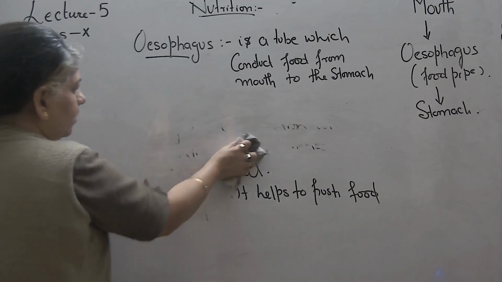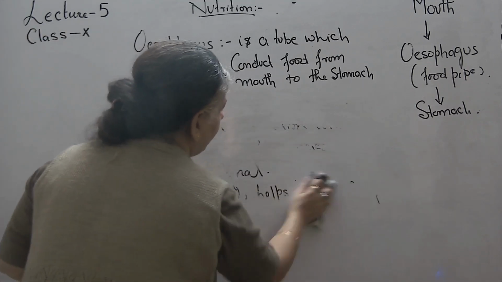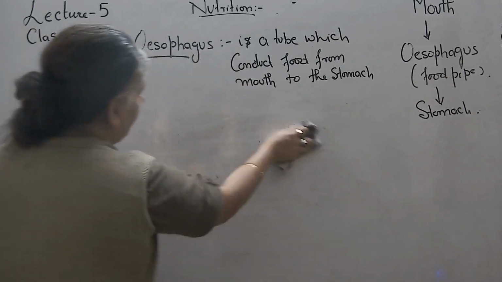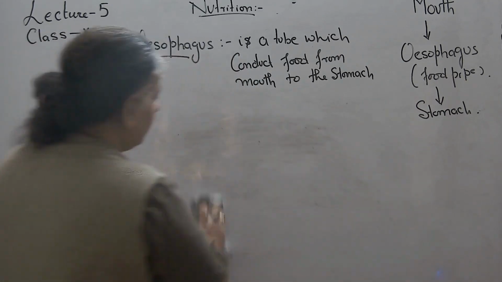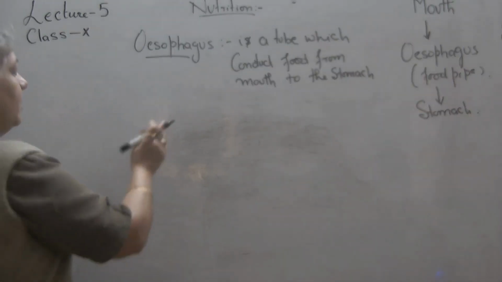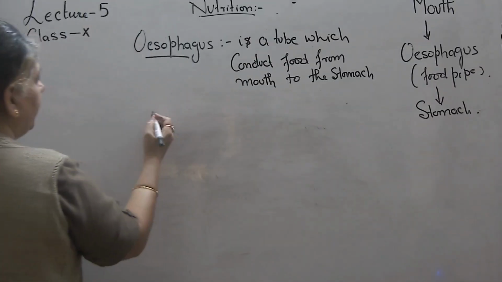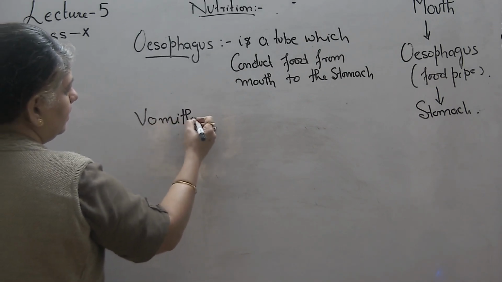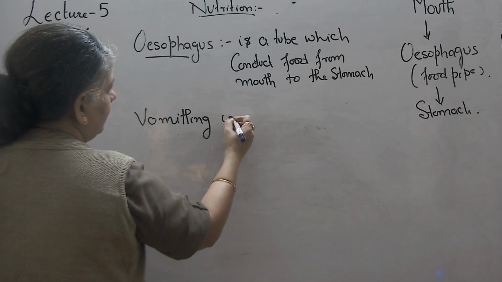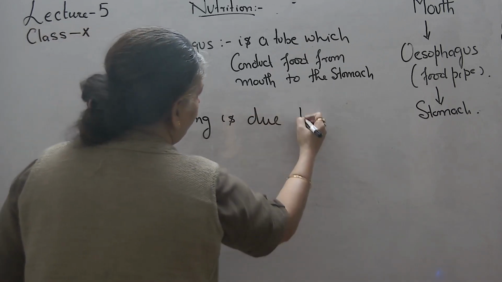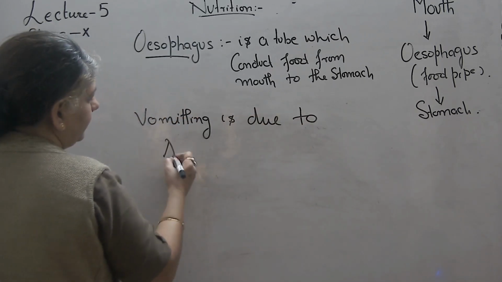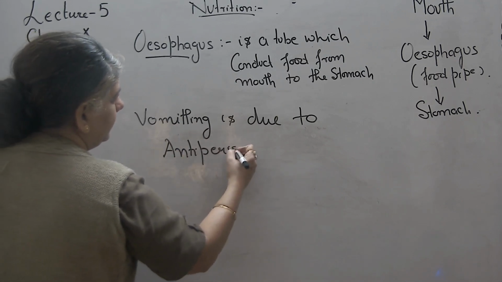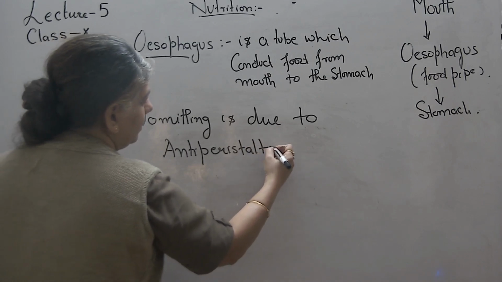It is due to anti-peristaltic movement, that is, food is pushed in the opposite direction. So you can also write: vomiting is due to anti-peristaltic movement.